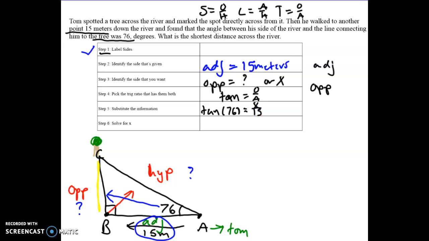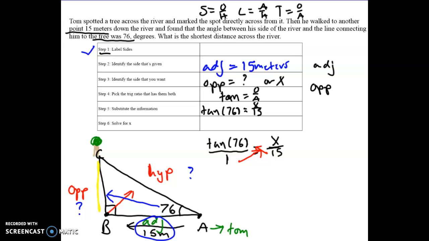When you write this equation out in your notebooks, you'll write the tangent of 76, and since we're doing ratios, we always put this over 1, is equal to x over 15. Here we want to remember that we're going to be cross multiplying. We cross multiply to isolate the variable, and this allows us to solve for x.